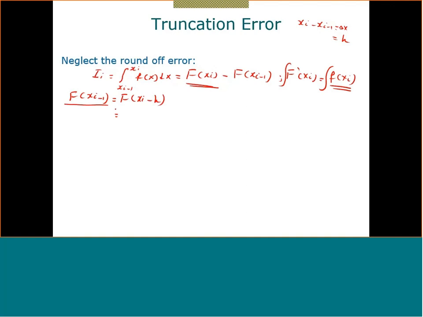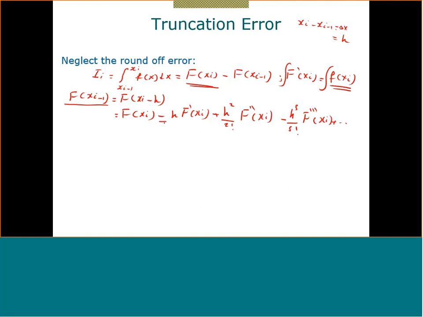So this function is equal to the function at the defined location minus h times the derivative of the function, all defined at x_i, plus h squared divided by 2 factorial f double prime of x_i, minus h cubed over 3 factorial, the third derivative of x_i, and so on and so forth.